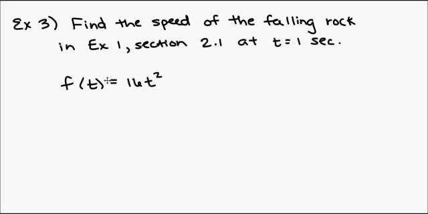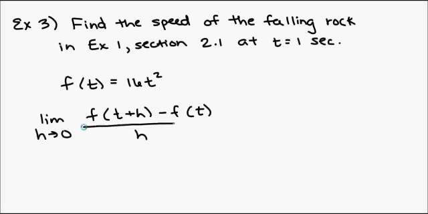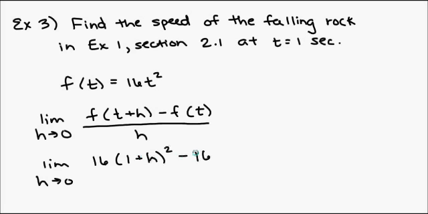Okay, so with this, we can just say the limit as h approaches 0 of f of t plus h minus f of t over h. So the limit as h approaches 0 of 16 times 1 plus h squared, minus 16 times 1 squared over h.